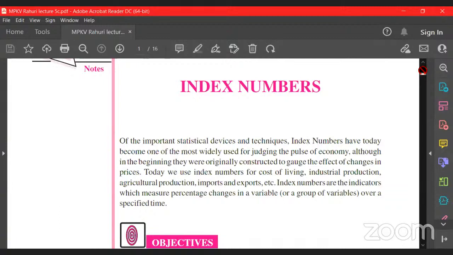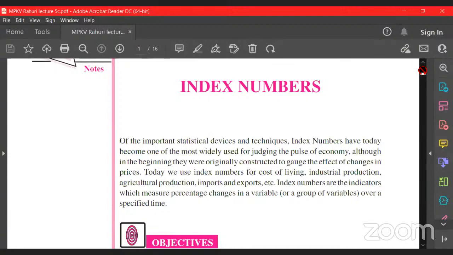We should know the definition of index number, and how index number is different from simple averages. What are the different types of index numbers? Among these, what is Laspeyres' index number, what is Paasche's index number, what is the wholesale price index, and what is the consumer price index? What is basically the difference between them, and why has India shifted from the wholesale price index to the consumer price index? Don't worry about spelling, it will be coming in the presentation.